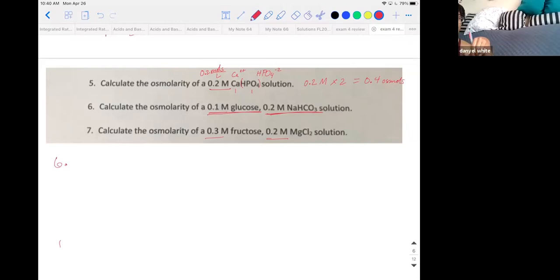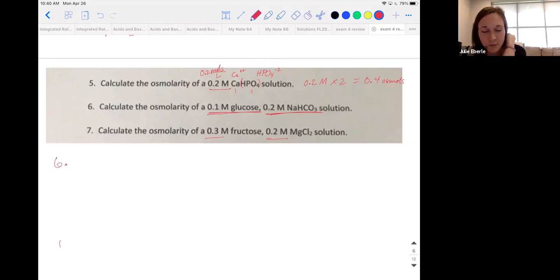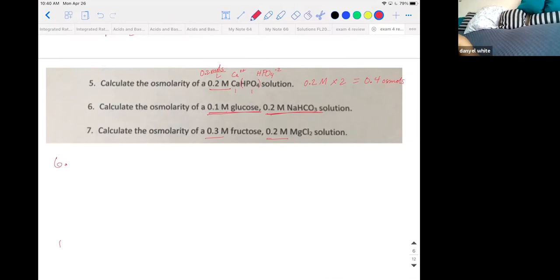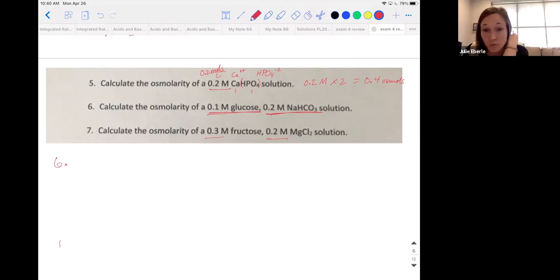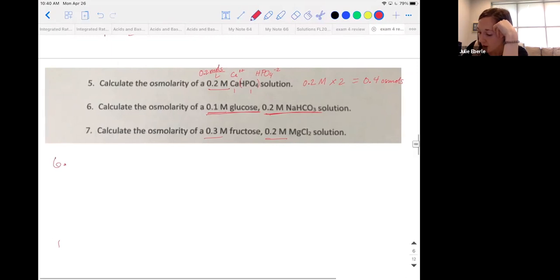Direct biological molecules such as glucose, fructose, insulin, whatever, do not break up into ions. So you just multiply the molarity there by 1, because I'm just going to get 1 particle, glucose particles. That's it. So if I have 0.1 molar glucose, that is equal to 0.1 osmoles.